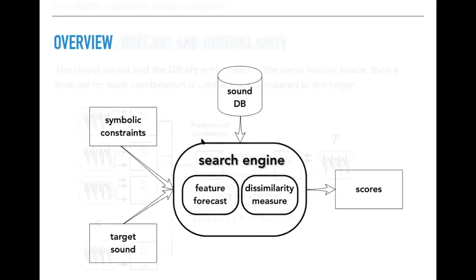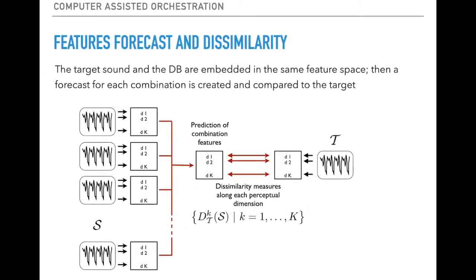Okay, so one word about these two things, the feature forecast and the dissimilarity. This is not at all important, but I think it makes sense for me to share these ideas so that you become more responsible when you use these tools and you know more what these things mean during the optimization. So you see on the left the sounds in the database that are described by features, D1, DK.